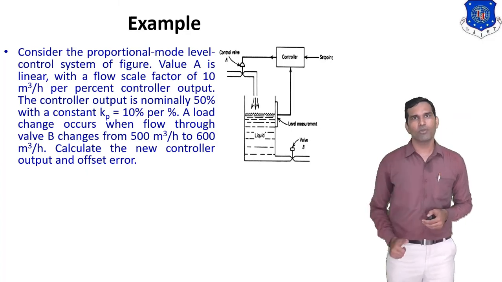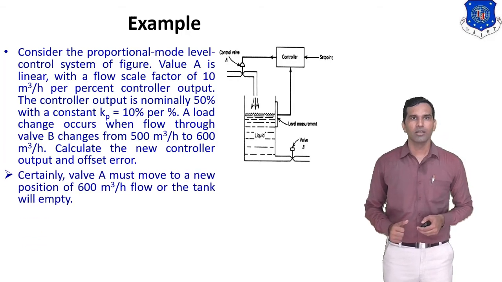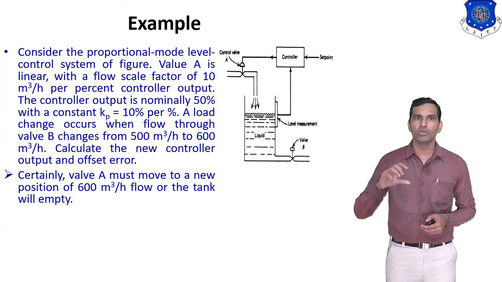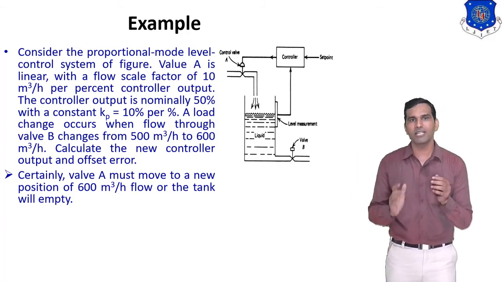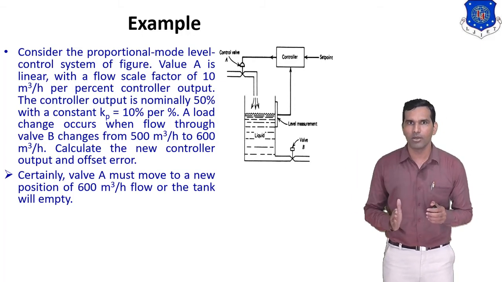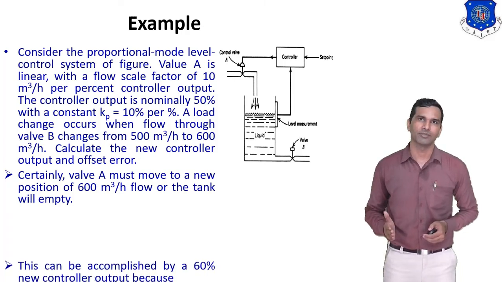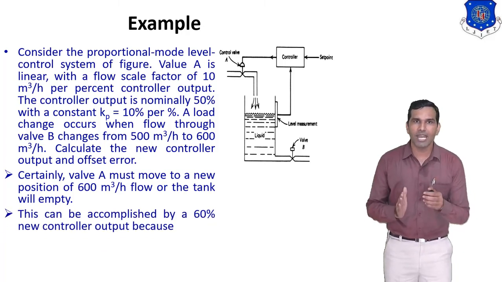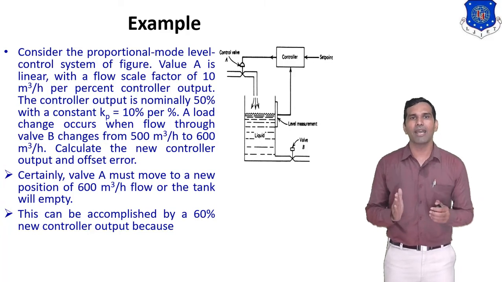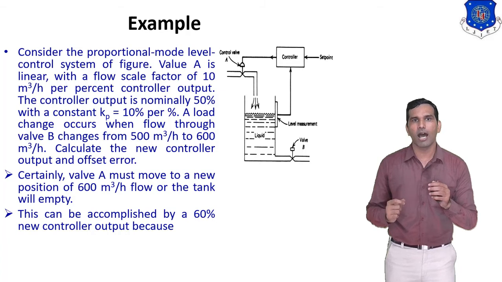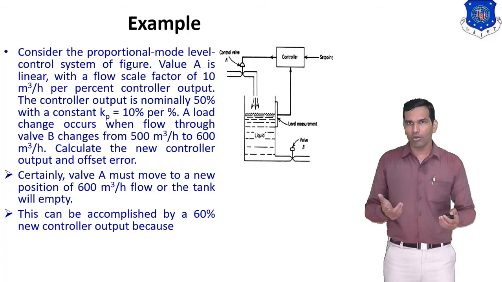So now we start the procedure. Certainly valve A must move to a new position of 600 meter cube per hour flow or the tank will empty. This can be accomplished by a 60% new controller output. How?